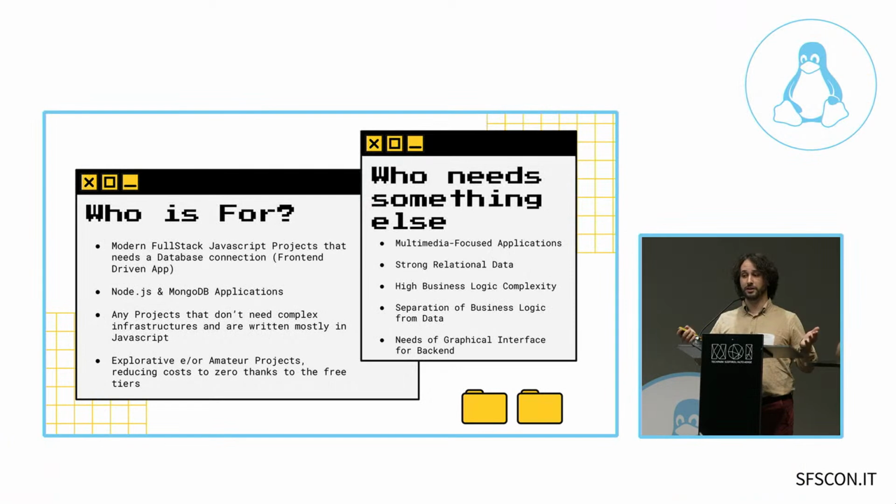I see a form retrieving information from a marketing campaign that needs to simply populate the data from a form. Explorative or amateur projects, because with these requirements they can be deployed easily on the free tiers. It depends on the success your amateur explorative project has, but it can stay in the free tiers.